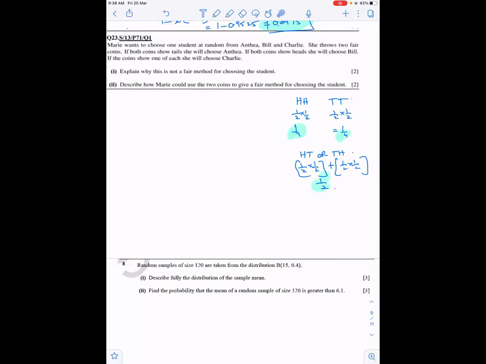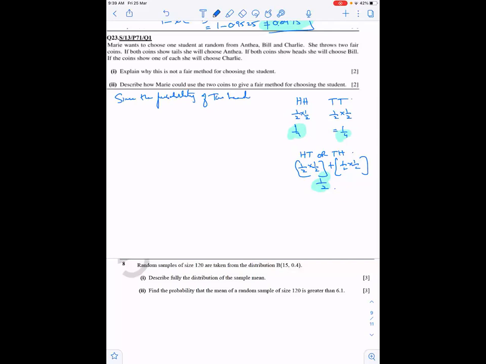Obviously, that means this person has a more chance of being chosen. ठीक है ना? So you will say that since the probability, if you want, you can even mention the numbers of two heads being chosen.